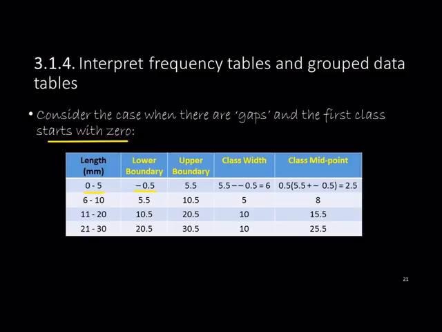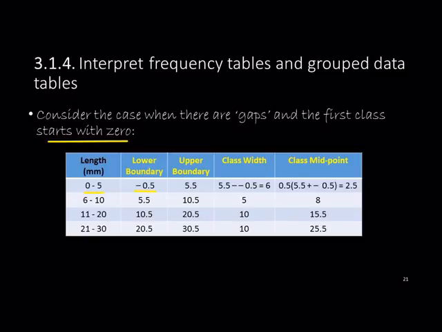We actually use minus 0.5, because the other boundaries all have 0.5s. Between 5 and 6, the midpoint is 5.5. Between 10 and 11, we have 10.5. Between 20 and 21, we have 20.5. So for consistency, we do use minus 0.5.